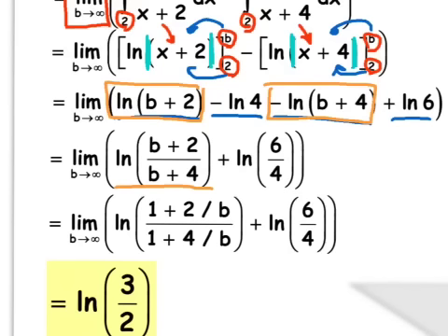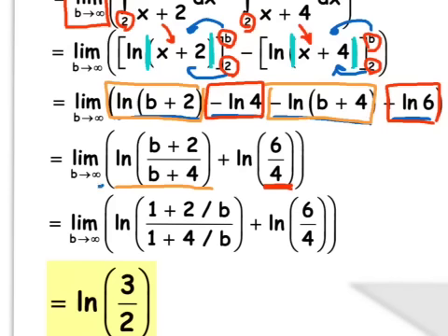Likewise, we could do the same thing with minus the natural log of 4 plus the natural log of 6, which can be condensed to the natural log of 6 over 4. And then we can use either L'Hopital's rule or some of the tricks that you may have learned in a previous class, in your Calc A class, for evaluating this limit.